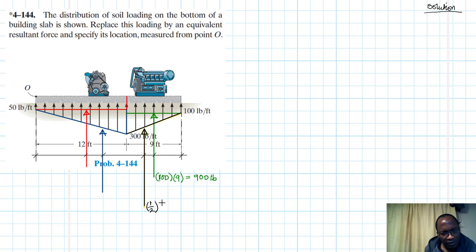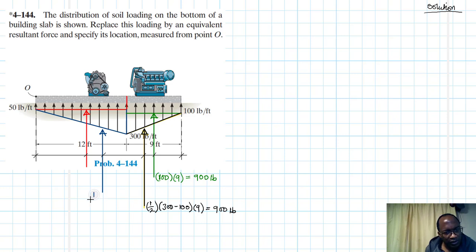Half times the height, which is 300 minus 100, then times the length, which is 9. So 300 minus 100 is 200. Half of 200 is 100. Then 100 times 9 becomes 900. Great, so let's go to this one.